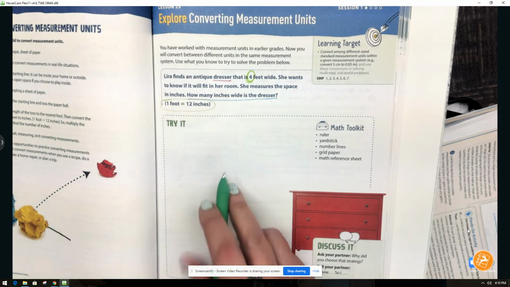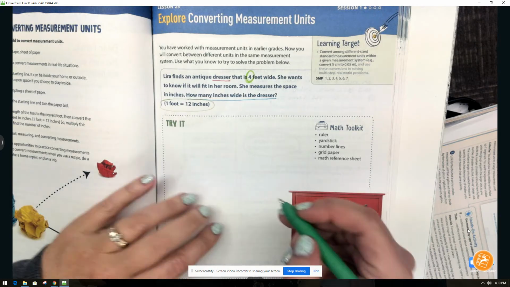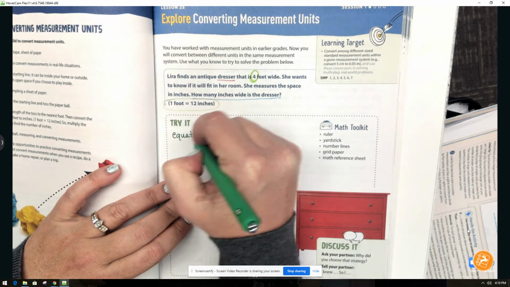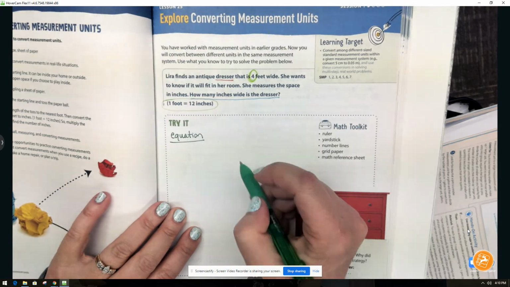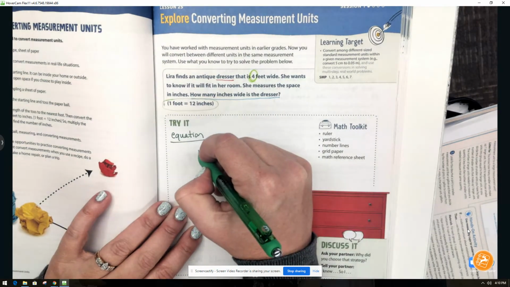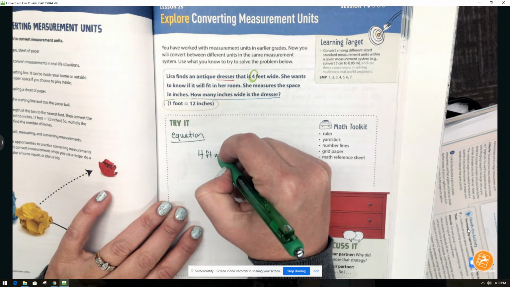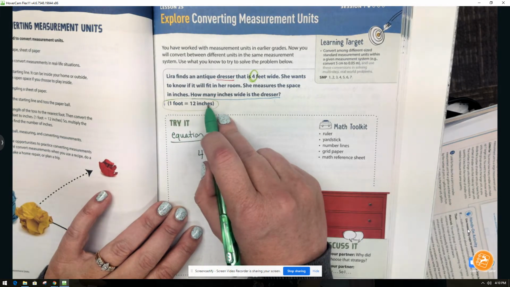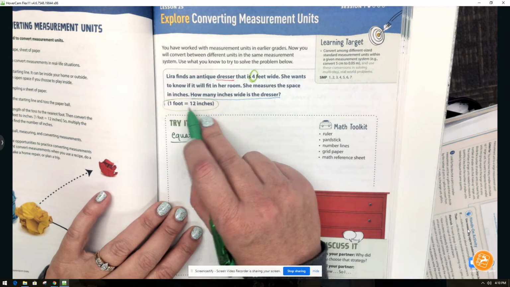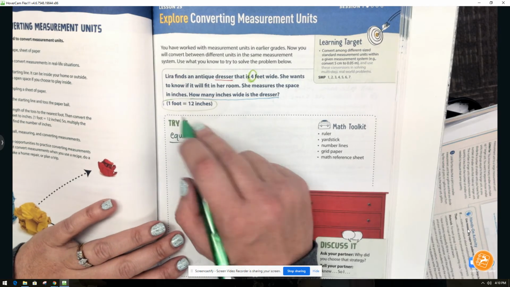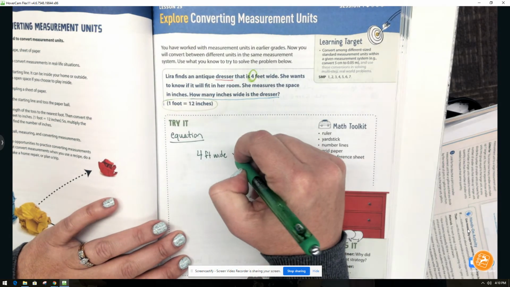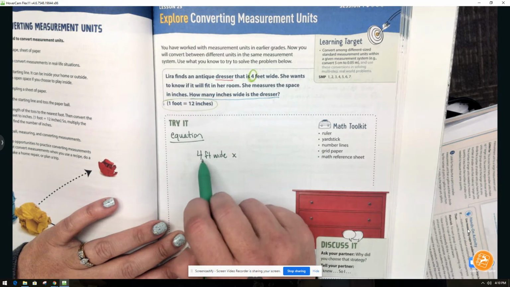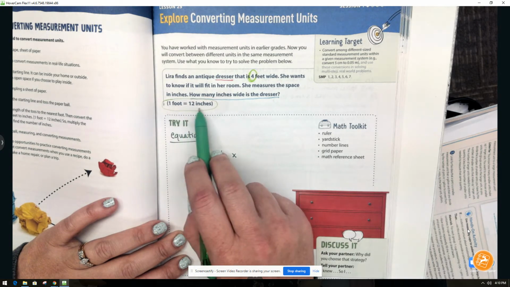So if we were going to solve this, there's a couple of ways. We could just simply use an equation. We know that we have a dresser that is 4 feet wide. We also know that there are 12 inches in 1 foot. So we know that we're going to need to multiply these 4 feet by 12 inches because we have 4 feet and we know that 1 foot equals 12 inches.